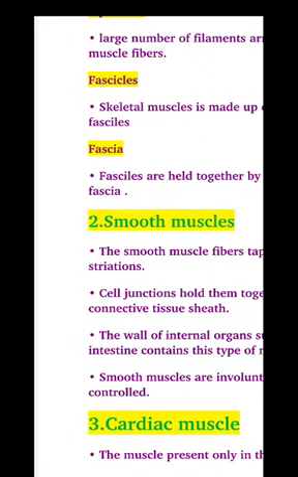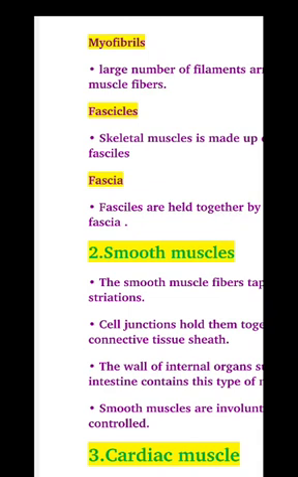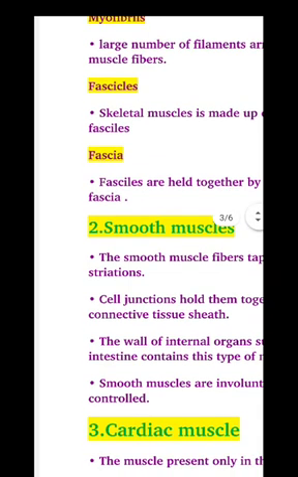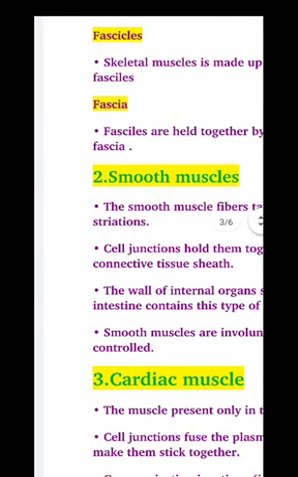Just remember a broom having broomsticks, and these are held together by twine, and that is known as fascia. Myofibril is the structural unit, then a bundle of these are fascicles, held together by connective tissue called fascia.